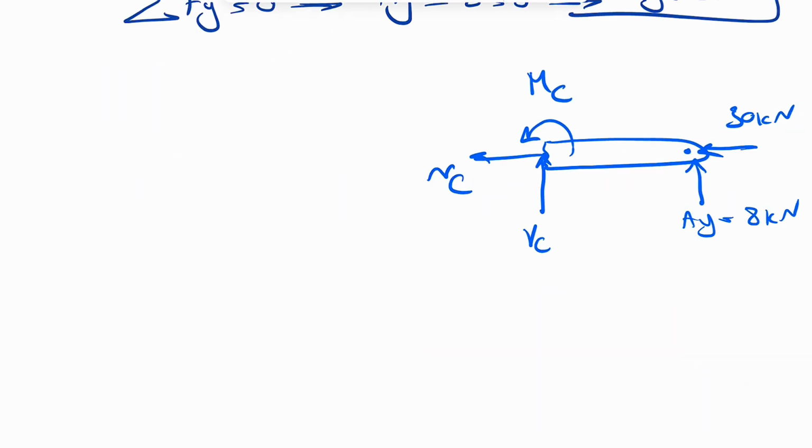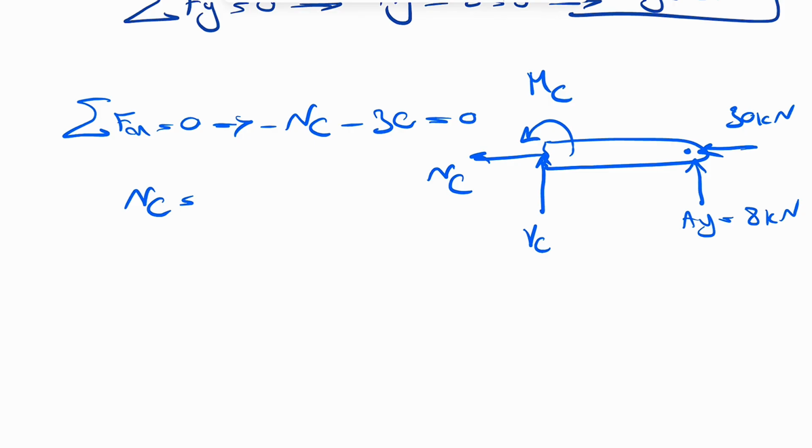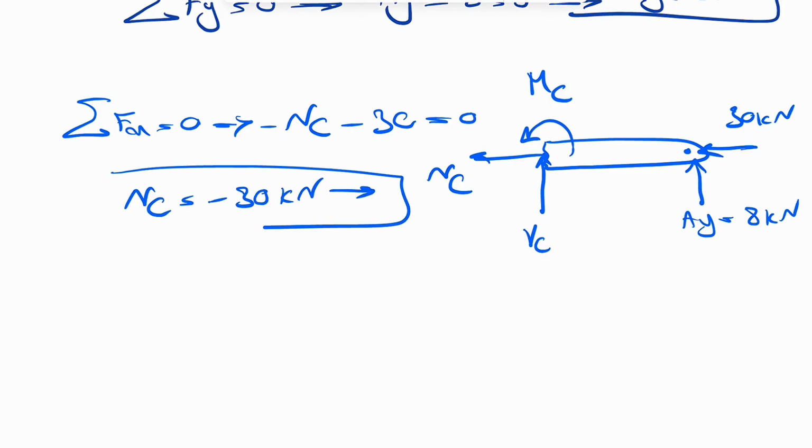Same thing applies here. We have equilibrium equations. Sum of all forces in X equals 0. Basically we have negative NC, our normal force, minus 30 equals 0, which shows that NC is actually to the right. That's the correct direction for the normal force.